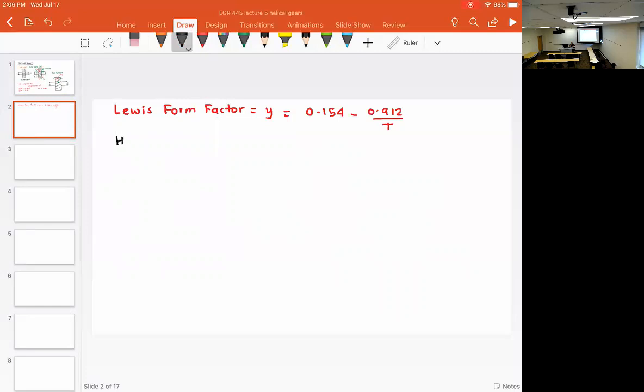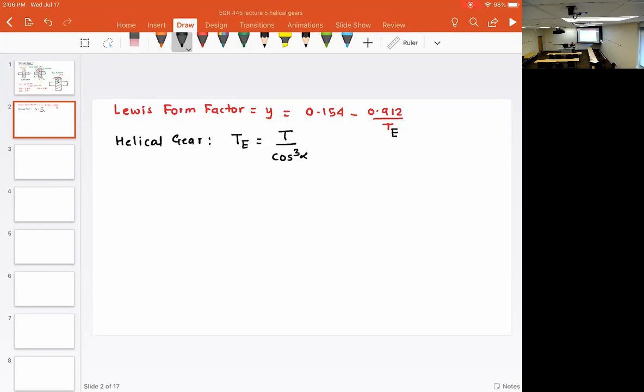For the helical gear, instead of T, we use TE. TE is the equivalent number of teeth, and the equivalent number of teeth is given as T divided by cosine alpha cubed. So the only difference to start with, in the very first equation, when we find the addendum, is that the Lewis form factor equation needs to be modified.